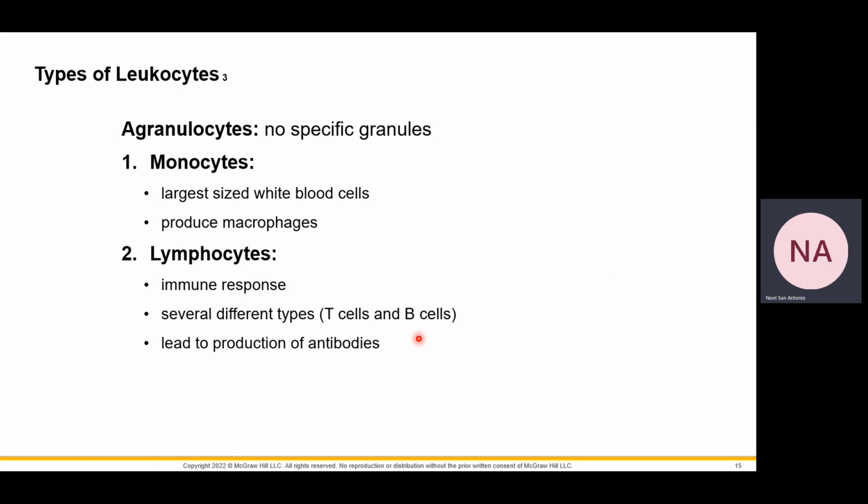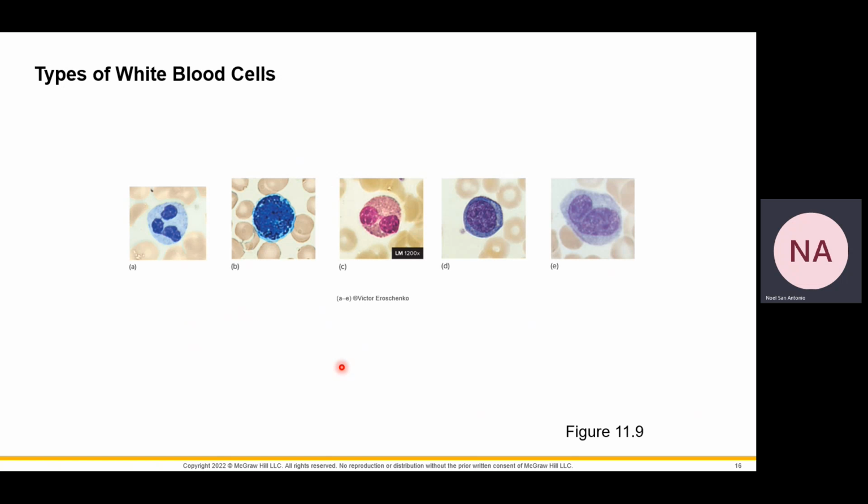They are actually the ones that produce our antibodies. So therefore, they are actually responsible for immune response talaga kasi antibodies eh. Diyan nanggaling ang ating T cells and your B cells. Let's continue. So this is what they look like under the microscope.